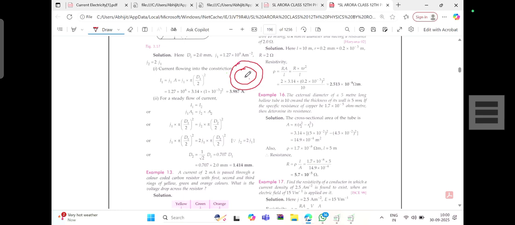Now this is the R1 radius and this is the R2 radius.